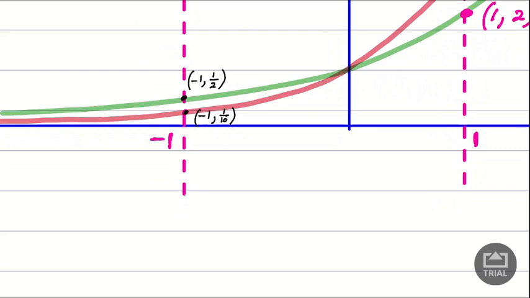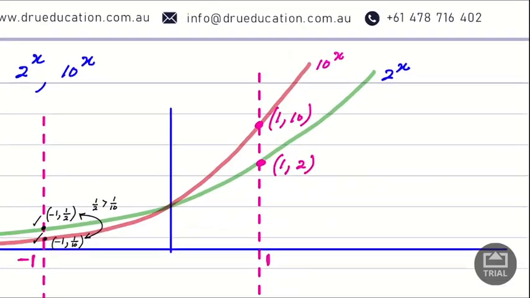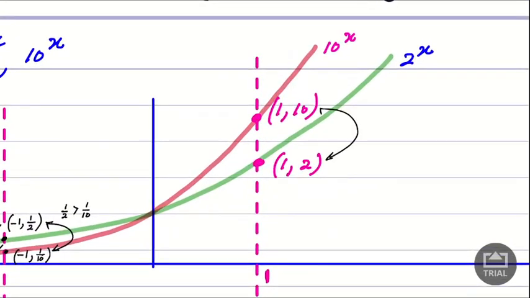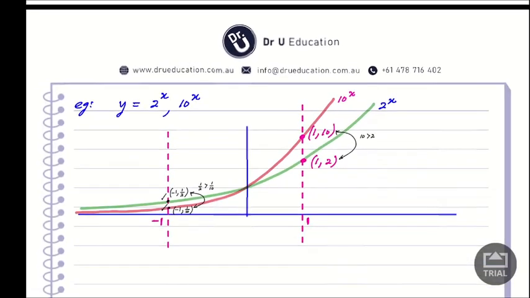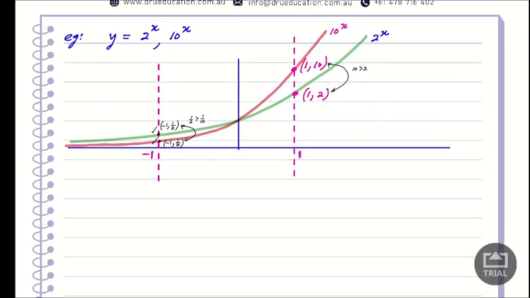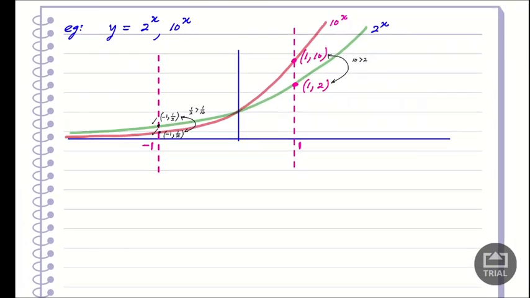Obviously, by comparing these two, you will understand half is greater than 1 divided by 10. So we understood that the green color point should be on top of the other color one. Similarly, we understood that 10 is greater than 2, so the brown color curve should be on top of the green color one. So this is the most basic concept about how the lines are switching together.